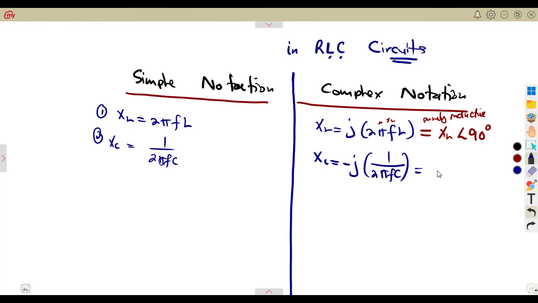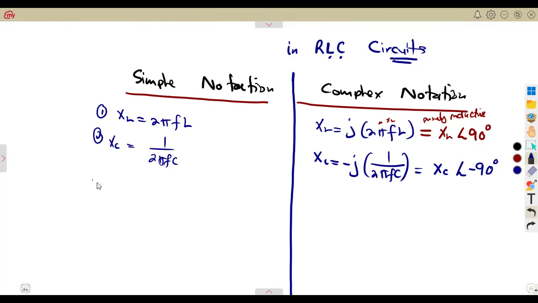And this simply tells us that we are going to have XC at an angle of negative 90 degrees in polar form. Purely capacitive will be at negative 90 degrees, which is the theta that you're given. So in the simplifications, it will be important that you understand that there is now the angle used.